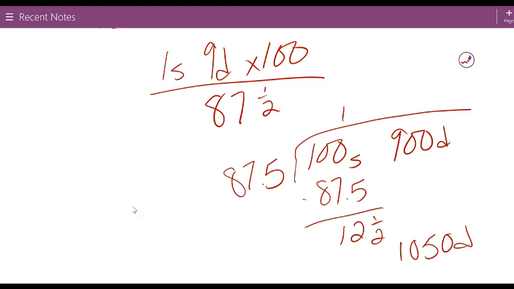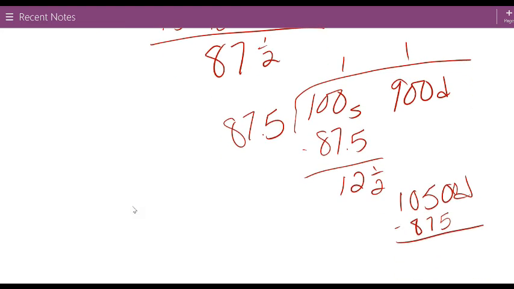Okay, so 87.5 divided by 1,050. We need another 0 to keep all of our decimals in the right place.